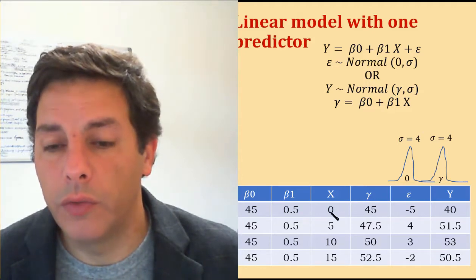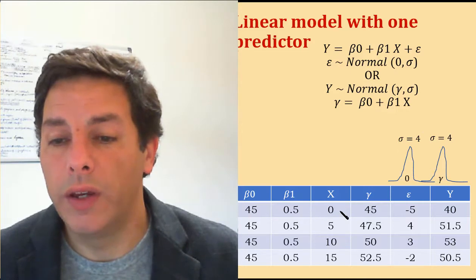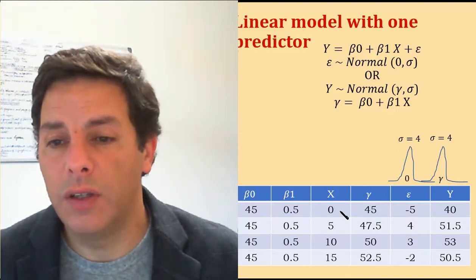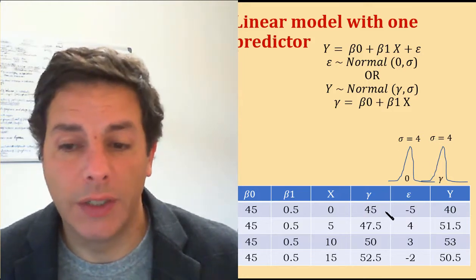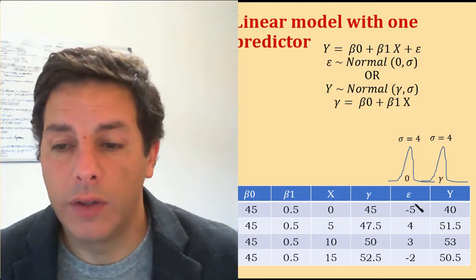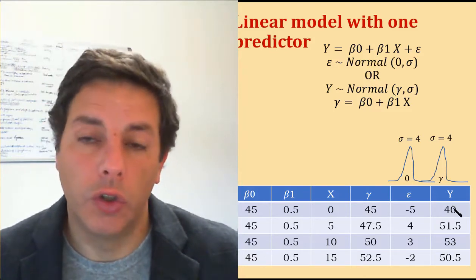So the expected value for 0 is gamma, which is 45, which is the same as beta 0. So this is the intercept, the value for y we expect if x is 0. But of course we have some error. That prediction is not perfect. And in this case, the error was minus 5, and the observed value is 40, not 45.